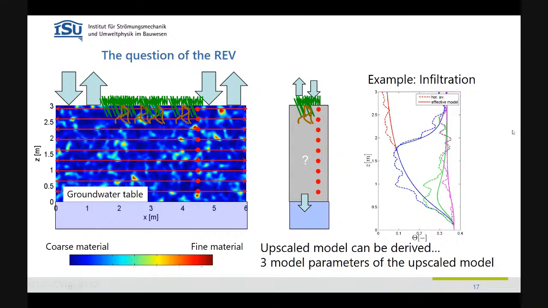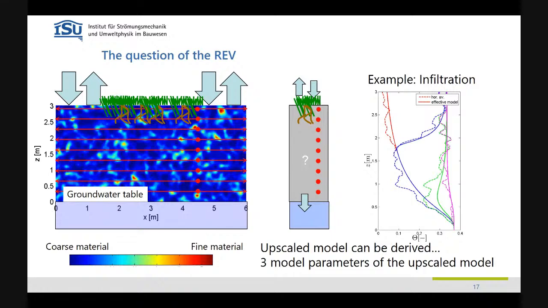Okay, and just to convince you that it would represent everything nicely, here's an example of an infiltration calculated with these 2 models. So we start with the red curve, the water content over depth, and this is wet at the bottom, dry at the top. Then it starts to rain, and the blue curve is seen next.